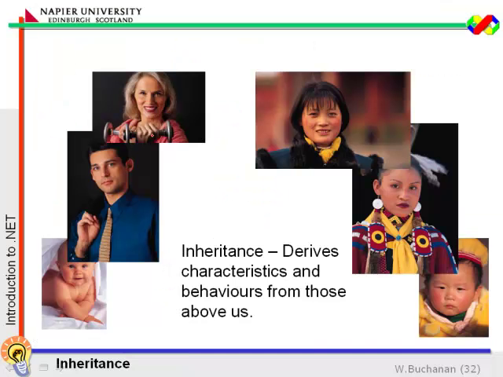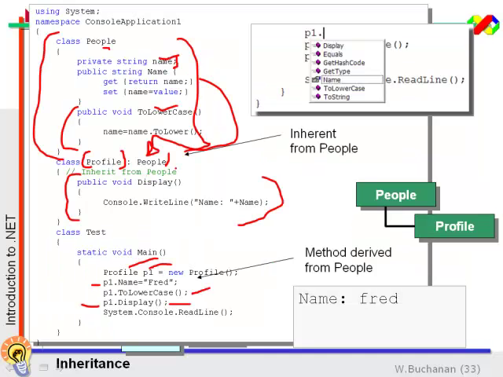So in this case, we can take a basic definition of an object, and then we can inherit all the characteristics and add our own. So we derive behaviors and characteristics. We would show this as profile inherits from people.